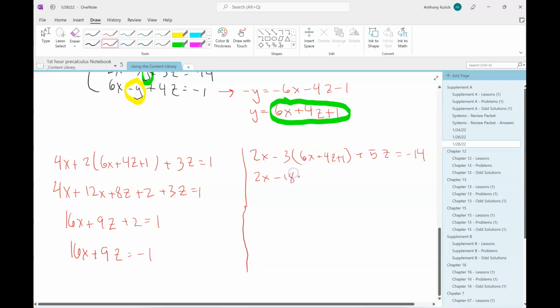So I'll go to the other side and do the same thing. So I'll distribute through that -3. I'll combine my like terms. That's 7. And then I'll just add that -3 to the other side.